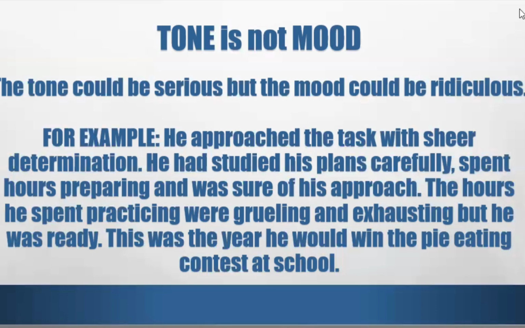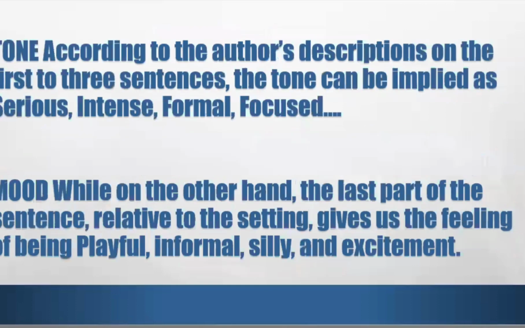And then it is revealed on the last sentence that he's just joining a pie eating contest in their school. That's so ridiculous, isn't it? So to decode everything, the tone, according to the author's description in the first three sentences, can be implied here as serious, intense, formal, and focused, right?